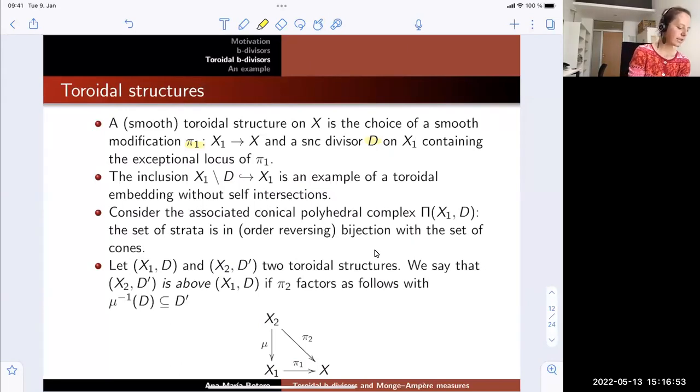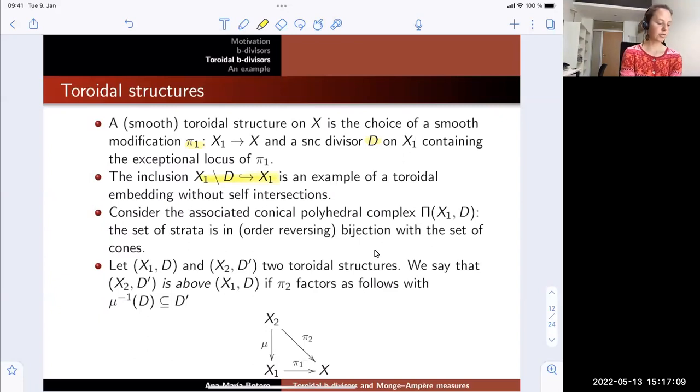And then you can consider the inclusion of the open set by removing this boundary. And this is an example of a toroidal embedding without self-intersections, in the sense of Kempf, Knudsen, Mumford, and Saint-Donat.